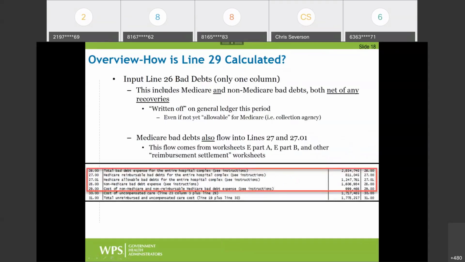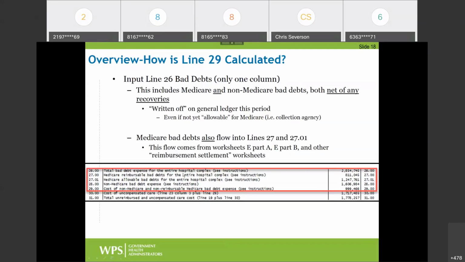Then when we get to line 26, there's only one column for this at this point, but the point I want to stress here is that line 26 is total bad debt expense, Medicare and non-Medicare. But they both have to be net of any recoveries. If you've recovered the funds for those bad debts, they're no longer bad debts, so they don't belong in line 26.